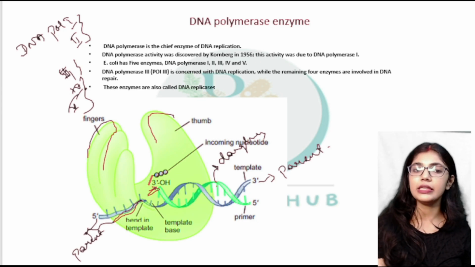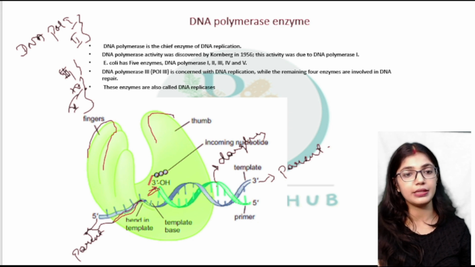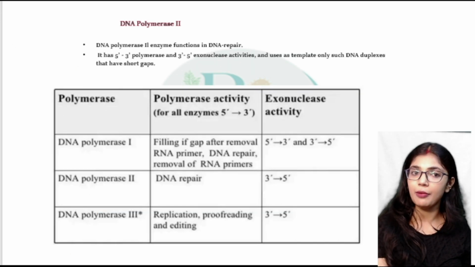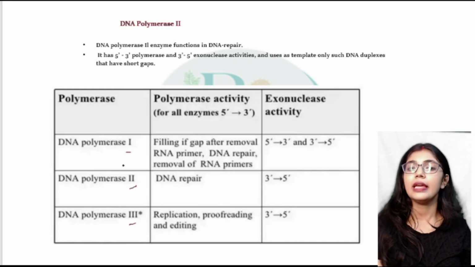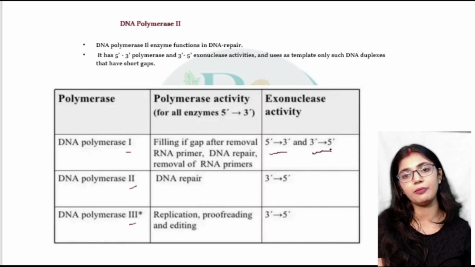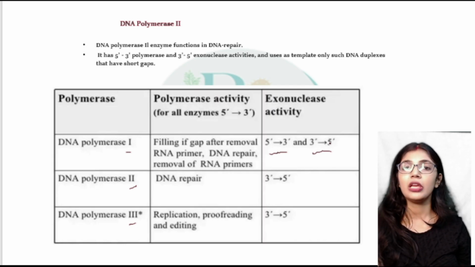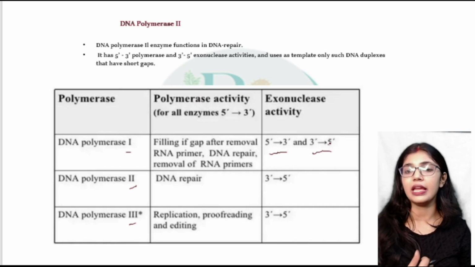So let us see what the functions of these DNA polymerases are. We will discuss DNA polymerase 1, DNA polymerase 2 and DNA polymerase 3. DNA polymerase 1 has both 5' to 3' as well as 3' to 5' exonuclease activity. But before that, we have to see what activities are present in a DNA polymerase.